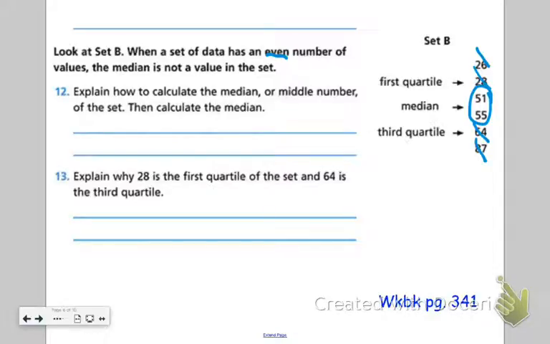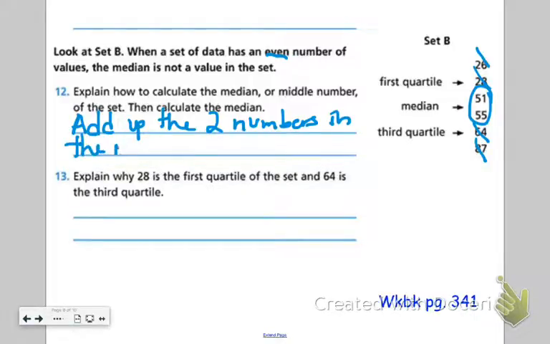So for number 12, explain how to calculate the median or middle number of the set and then calculate the median. So let's see. Add up the two numbers in the middle. And then divide by 2.